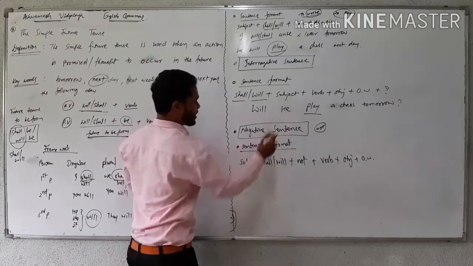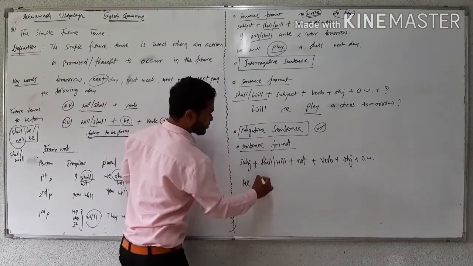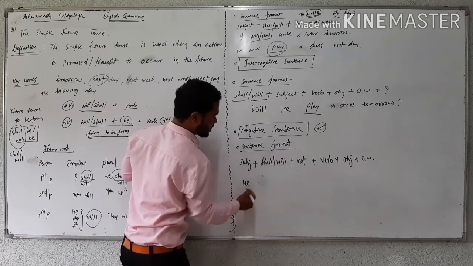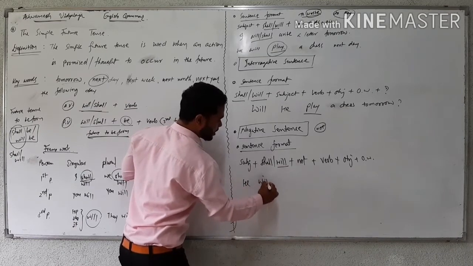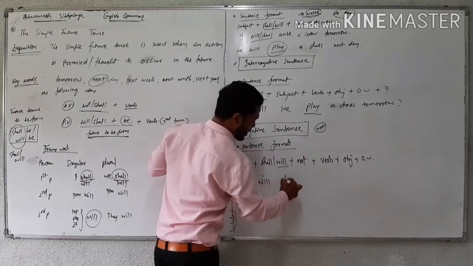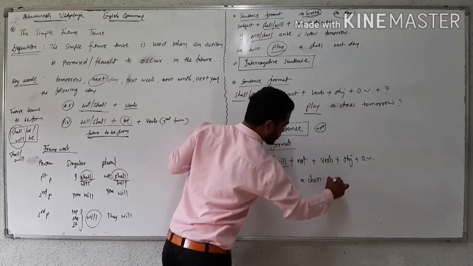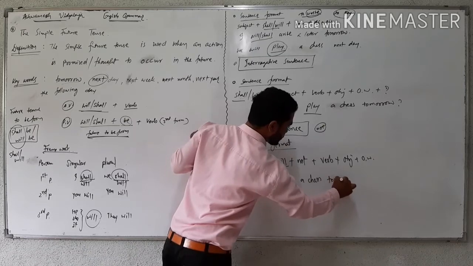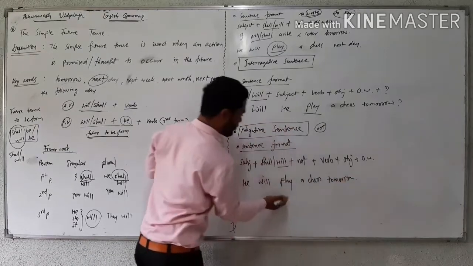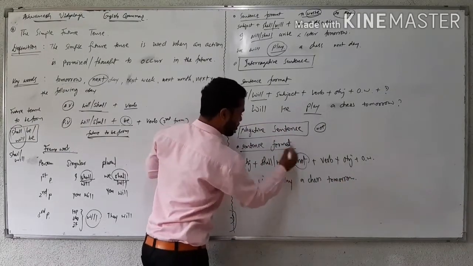For the subject he, the suitable helping verb is will. He will play chess tomorrow. But here we use a negative sentence, so we use not.